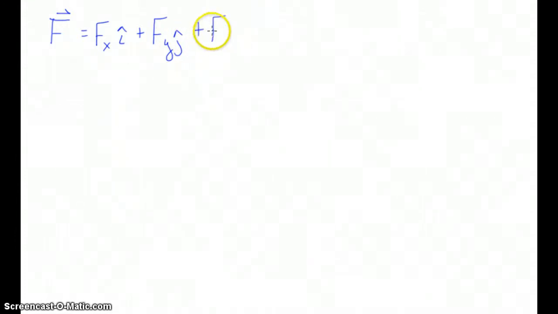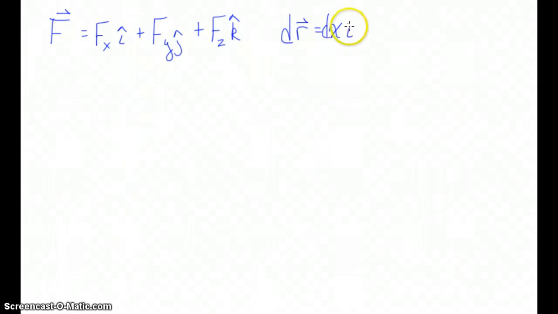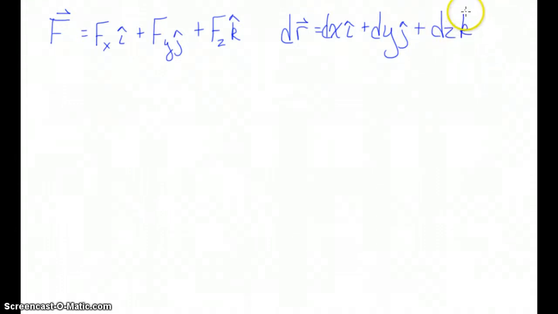So in general, if we are looking at a variable force F, such that that force has some component in the x direction, i hat, plus some component in the y direction, j hat, plus some component in the z direction, k hat, and we have a position r that's some component in the x direction, dy j hat, dz k hat.